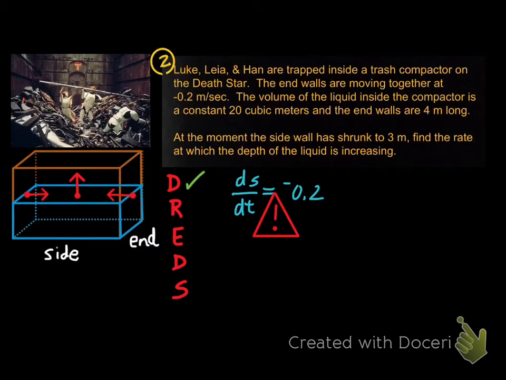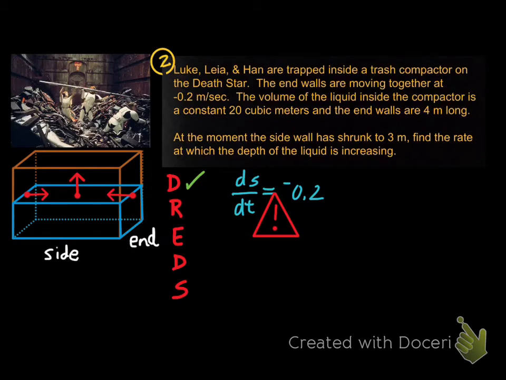Now we're going to record the related rates. In the problem, it says that the end walls are moving together at negative 0.2 meters per second. But the end walls, you guys, aren't changing. The end wall's length is not changing, not at all. It's the side walls, or the sidewall exposure, that is decreasing at 0.2 meters per second.